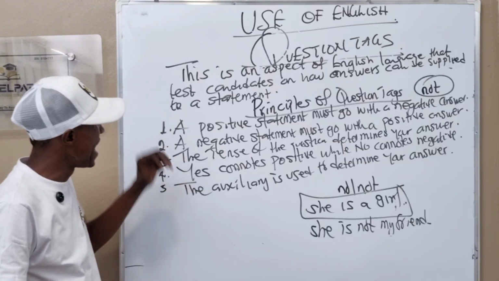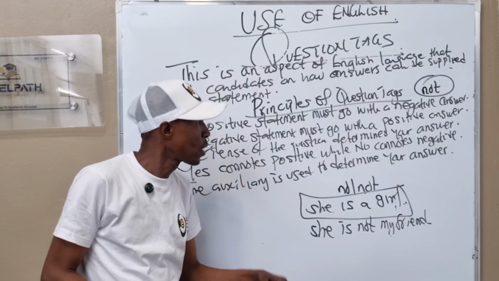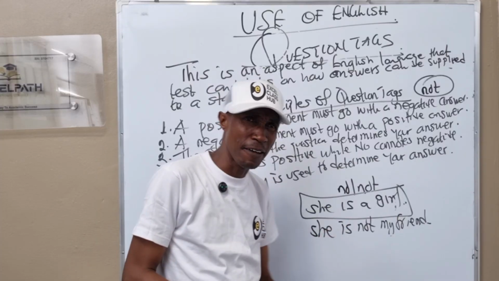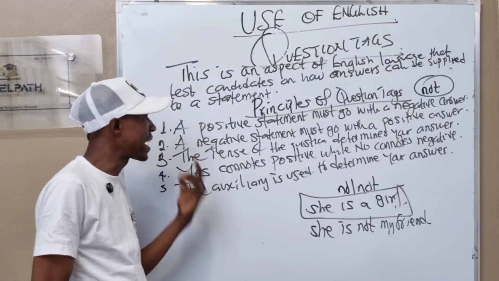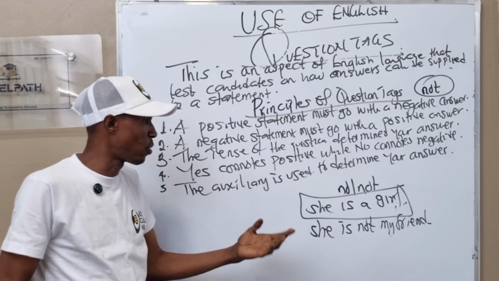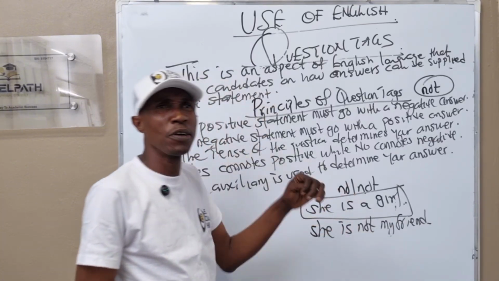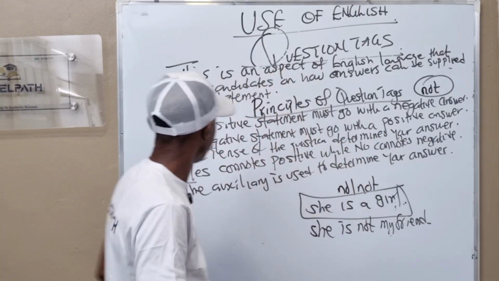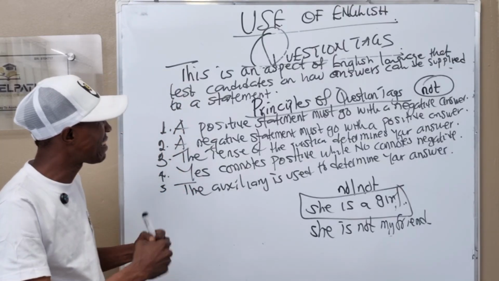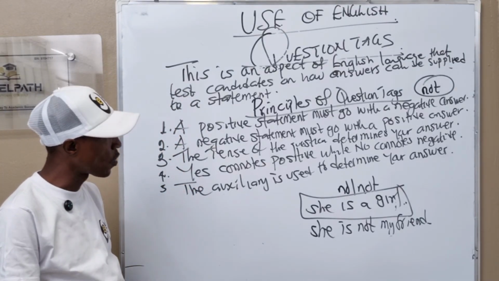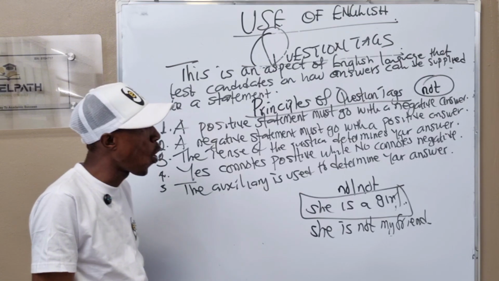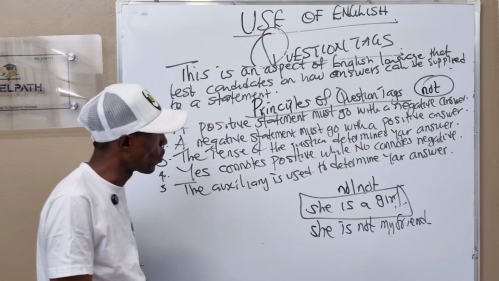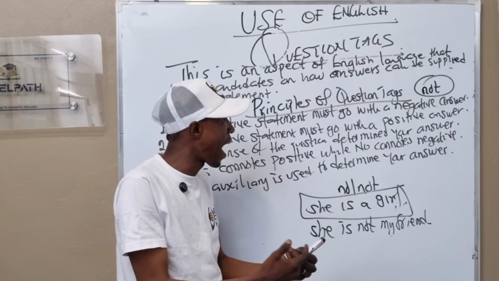Number two, a negative statement must go with a positive answer. I've told you what a negative statement is all about. It must have not. We are now told that the answer must be positive. Then number three, the tense of the question determines your answer.